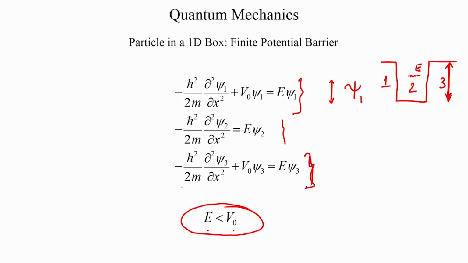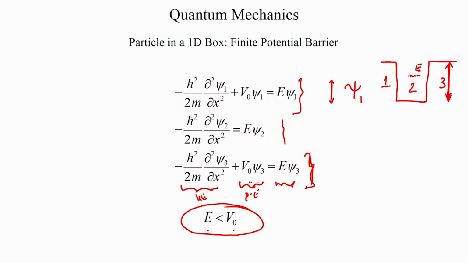This is the kinetic energy, this is the potential energy, and the sum of the kinetic energy and potential energy is equal to the total energy, and that total energy is less than V naught, which means the total energy is less than the potential energy. Now, that sounds a bit odd, but it is one of the main features of quantum mechanics.